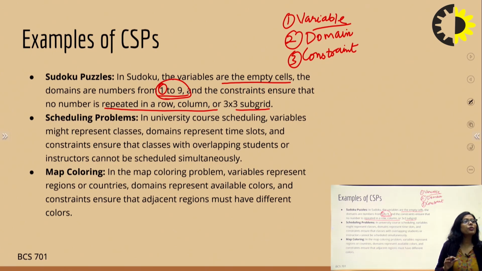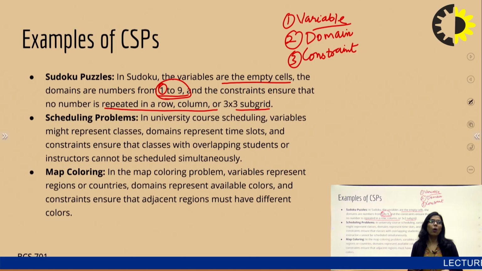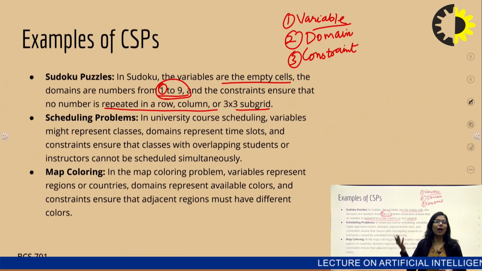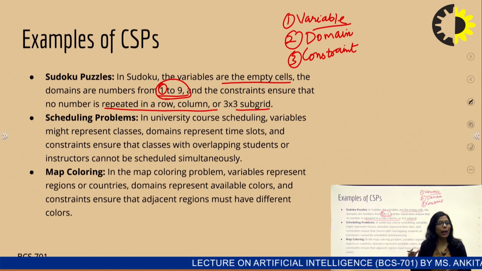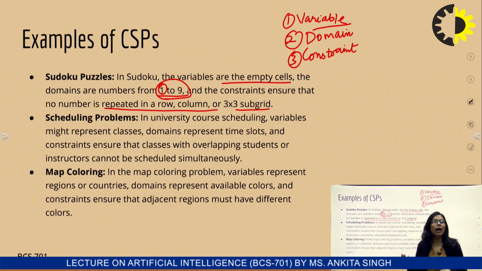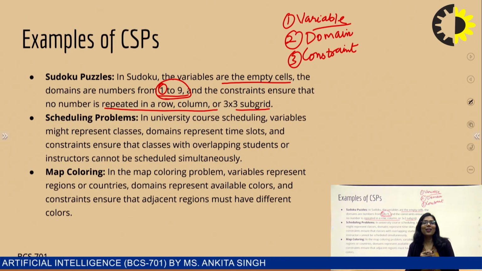Another example is the scheduling problem. Whenever we want to find out a timetable, we have constraints. In course scheduling, we are finding out the timetable. So variables could be the slots in a timetable, domain could be the various subjects, and the constraint is that any faculty teaching one subject cannot teach another subject at the same time in a different class.